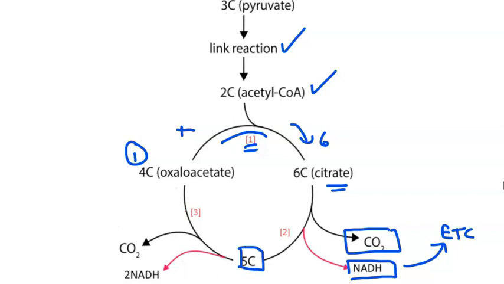The 5-carbon is now going to get involved in step 3, which is regeneration of the oxaloacetate, and in doing so we remove a carbon here. That's another part of the progressive decarboxylation and further formation of the reduced coenzyme. This last stage also results in the formation directly of ATP.